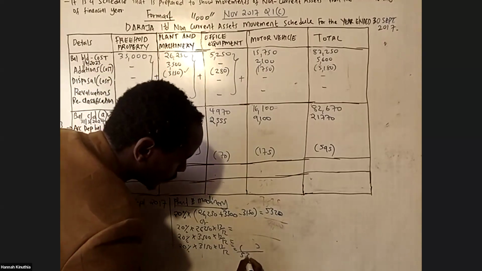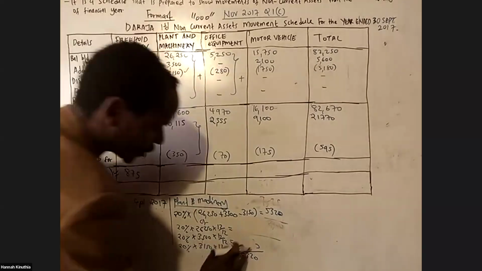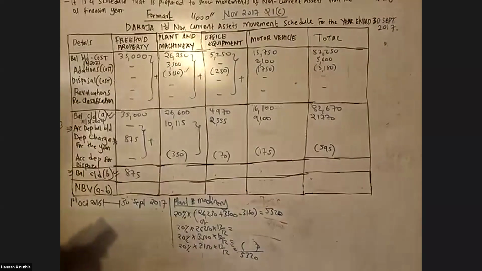Then utapata 53 20. That one correct? Hiyo inakuwa sawa. Utapata the same as 53 20. So kumbuke hapo uta less huyu wa mwisho. Tuko sawa hadi hapo?